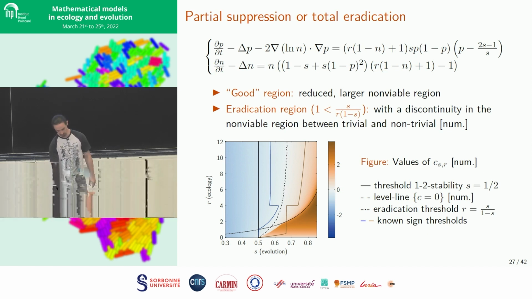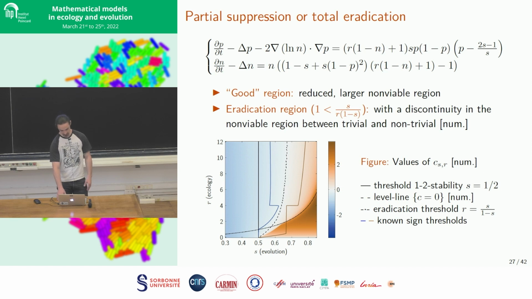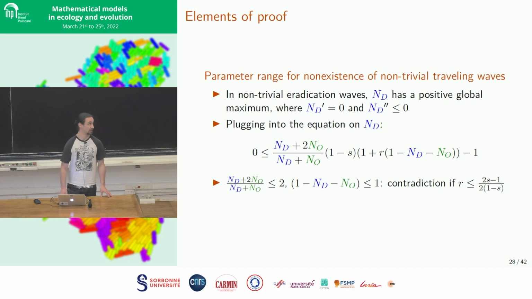And how do we prove this, how do we construct this blue curve and brown curve? The first element of proof is to notice that you can actually quite easily produce a result on non-existence of non-trivial traveling waves. So if you have a non-trivial eradication wave, you know that the drive population density is going to go from 0 to 0 through a global maximum.